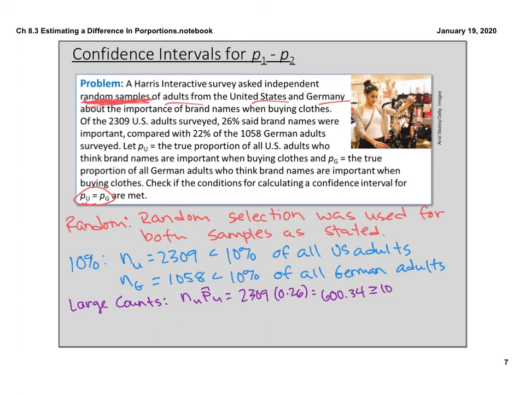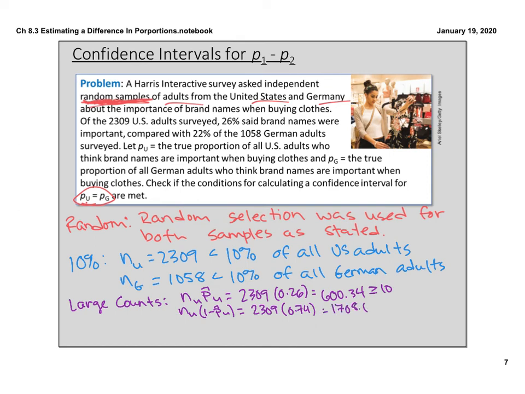Great. Then n_U times 1 minus p hat U is 2,309 times 0.74, which gives me a bigger number.